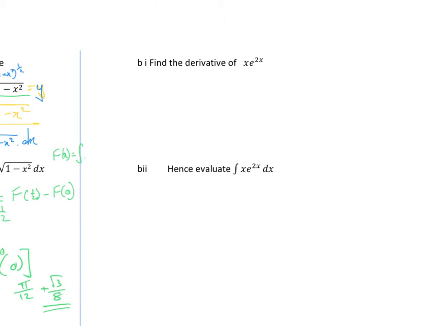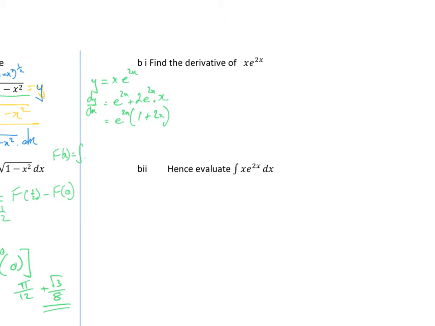At least this derivative looks a little bit easier to get, doesn't it? So if y is equal to x e to the 2x, dy/dx is the derivative of the first times the second plus the derivative of the second times the first. If I take e to the 2x out the front, I get (1 plus 2x) e to the 2x.